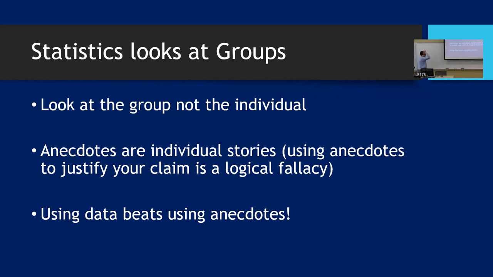Now, if you are looking at a single individual, that's known as an anecdote. Anecdotes are just single individuals or single individual stories. And using anecdotes to justify a claim is a common logical fallacy.